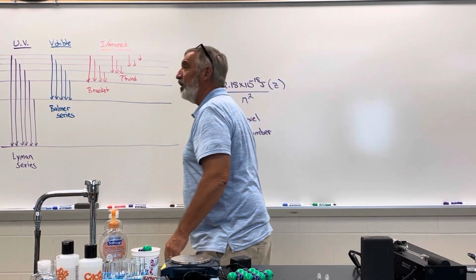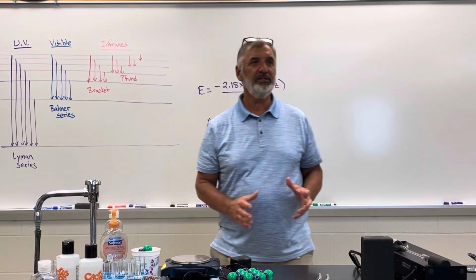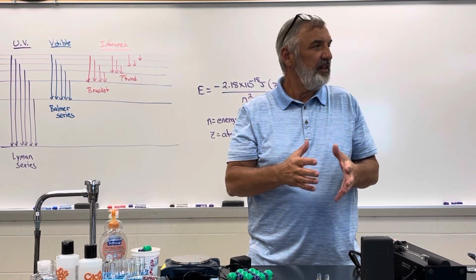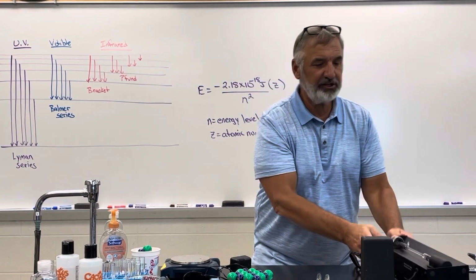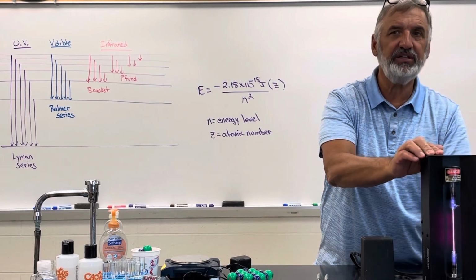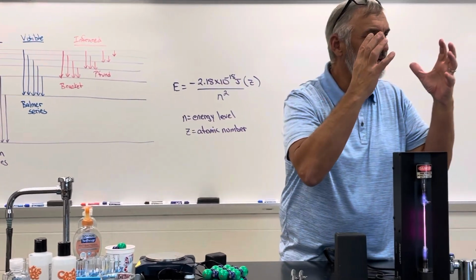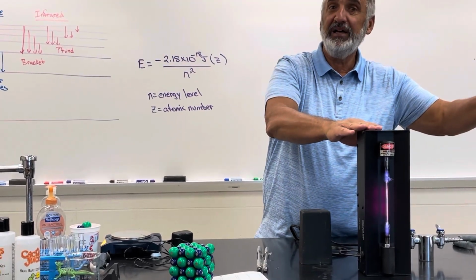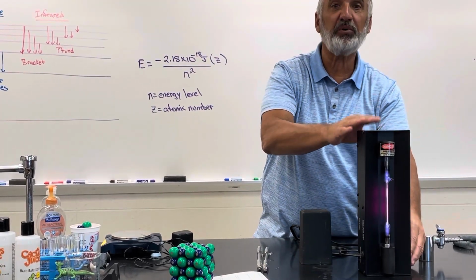Okay, on Friday we were talking about Bohr's model of the atom. When you look at hydrogen through the spectrum glasses, you see the red, the teal, and the purple line. How is hydrogen giving these bright line spectrums?